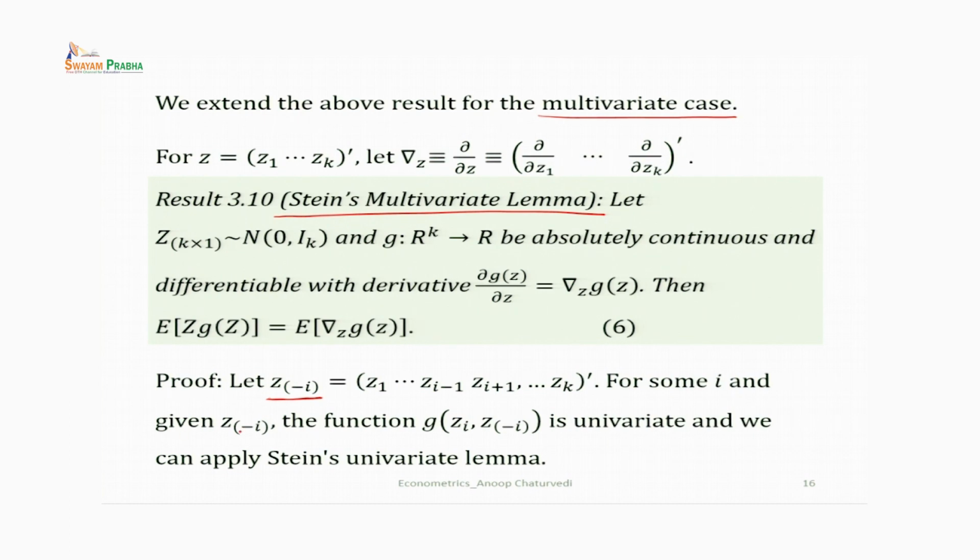Then for some i and given z minus i, the function g of z i, z minus i is univariate, and since this is a univariate function for the given z i, we can apply Stein's univariate lemma, that is the previous result.